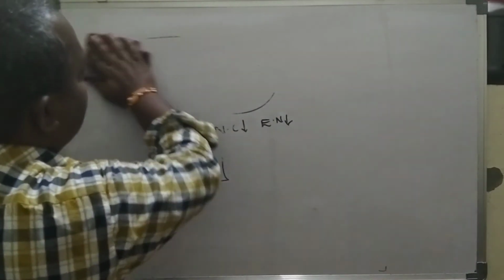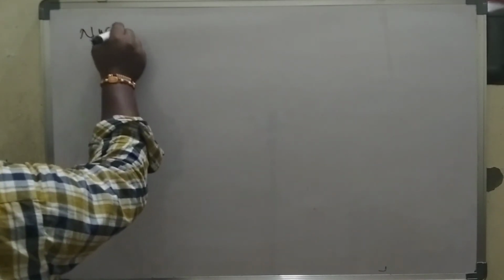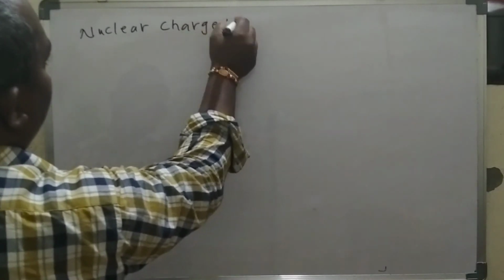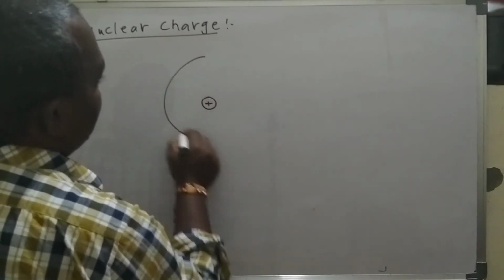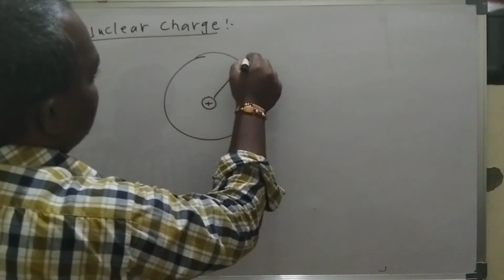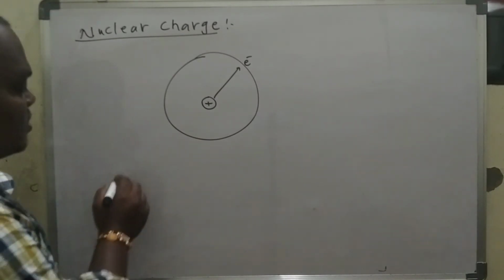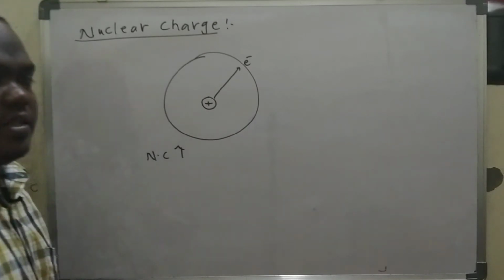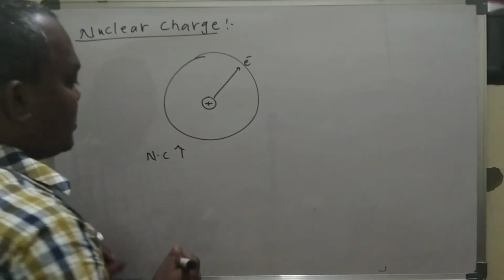Nuclear charge is nothing but the force of attraction between the nucleus and the outermost electron. As the nuclear charge increases, the force of attraction between the nucleus and the outermost electron increases.